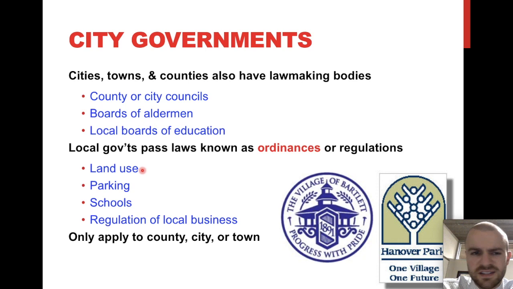And these ordinances have to deal with issues like land use, where, generally speaking, you have certain zones in cities sectioned off for commercial activity, business, and then you have residential areas in cities.